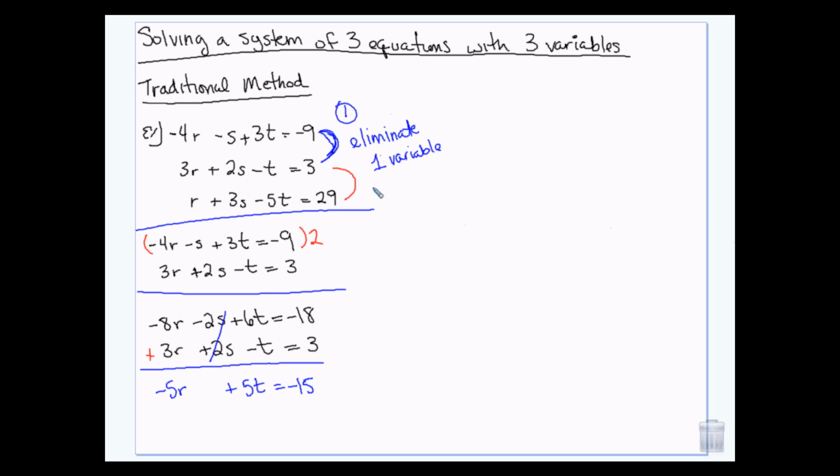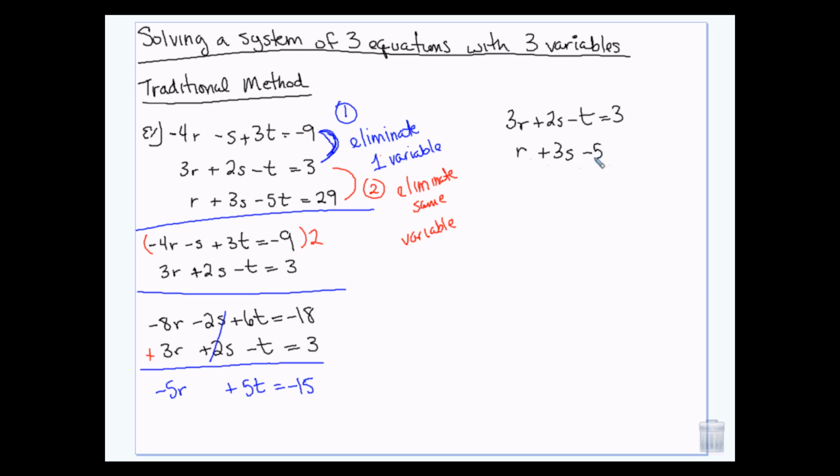Step 2 is going to be to take the second two equations and eliminate the same variable. So I'm going to rewrite those over here. You're going to take the second two equations.